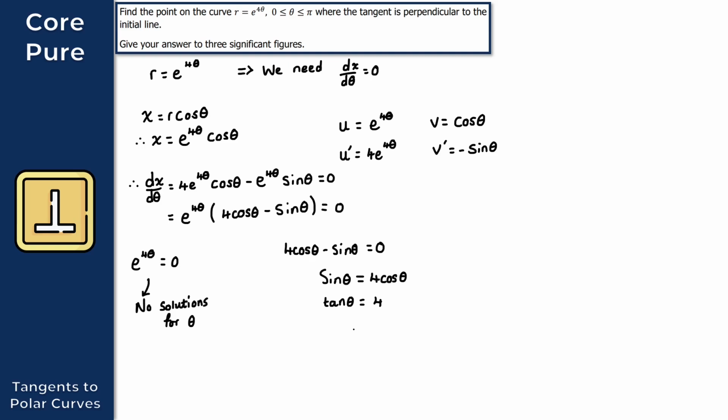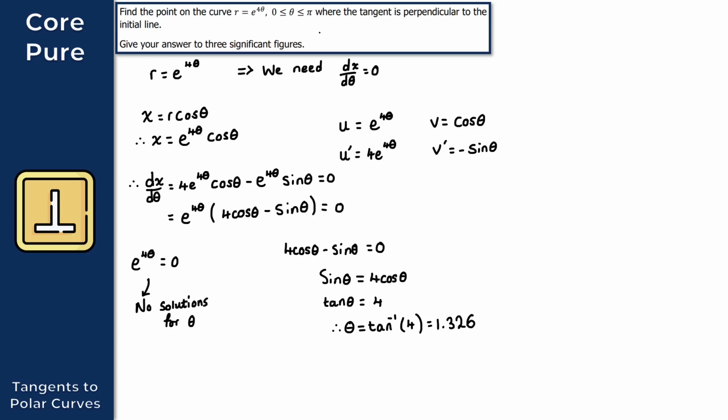In that case, theta is equal to tan inverse of 4, which gives 1.326. Don't forget we work in radians, as we can see from the domain of theta.